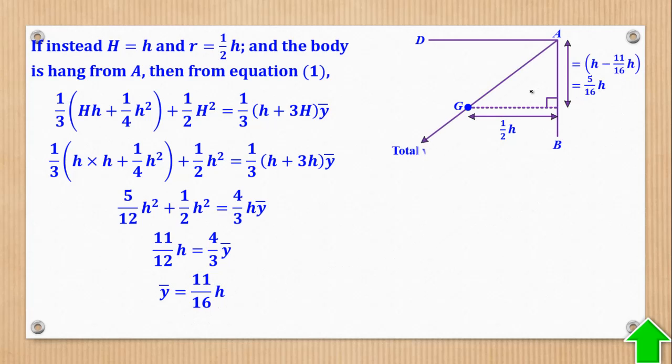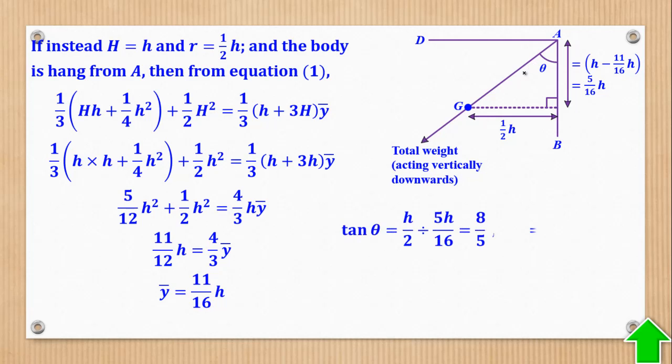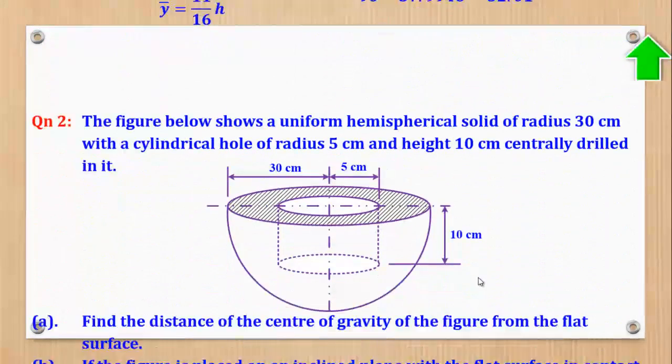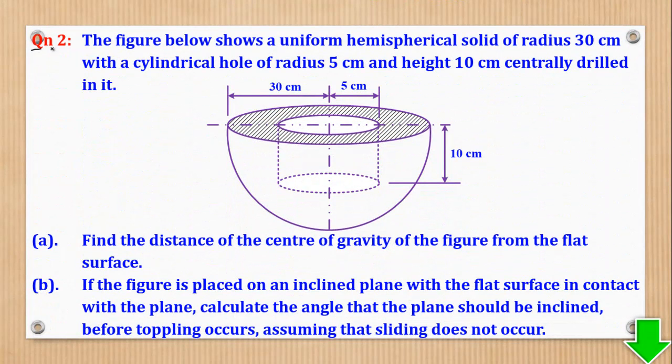Then that will be the weight. Then the angle AB makes with the vertical is that, which will be 57.99. Then the angle it makes with the horizontal is 90 minus that to give you 32.01. So that was question 1. Now we shall go to question 2.